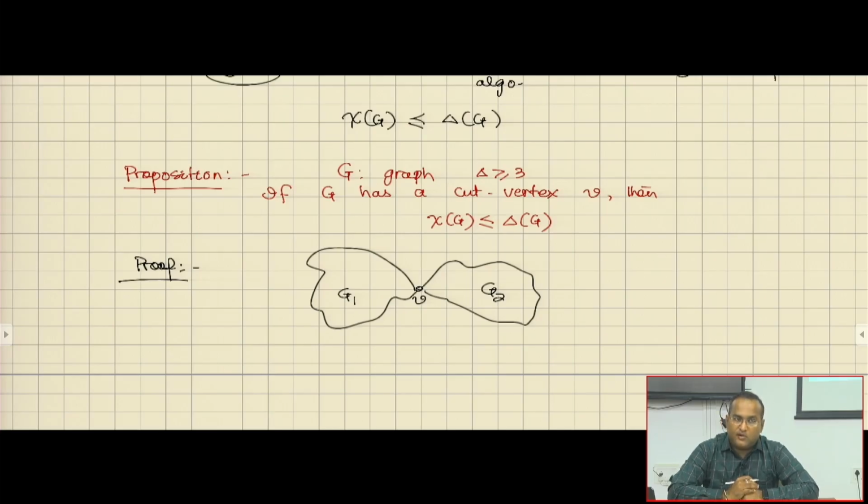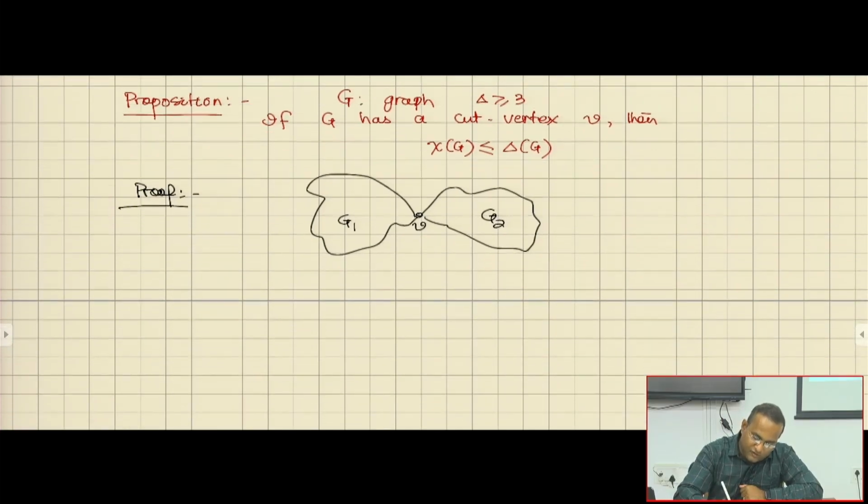So what about the degree of V in G1? This is less than delta, right?